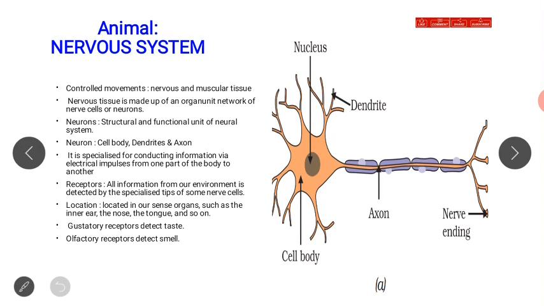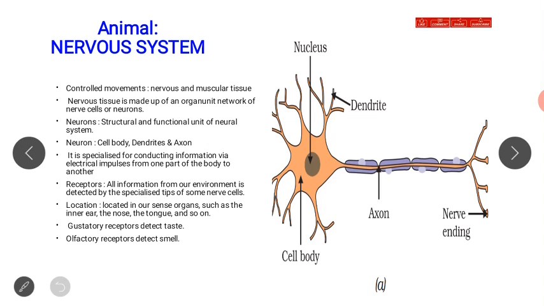We know that living organisms show different characteristics. One of the characteristics is movement. They show growth, they show movement. Growth is one kind of movement.